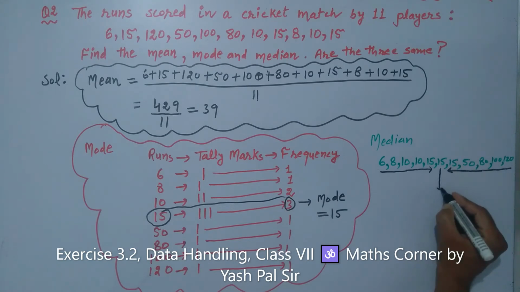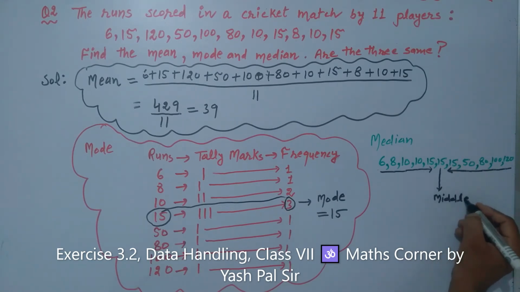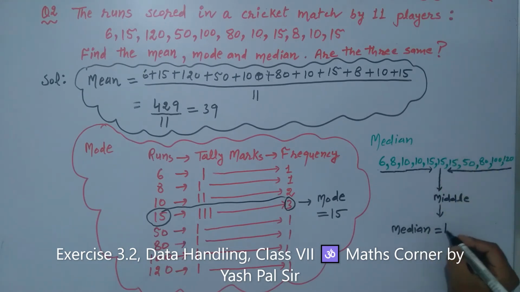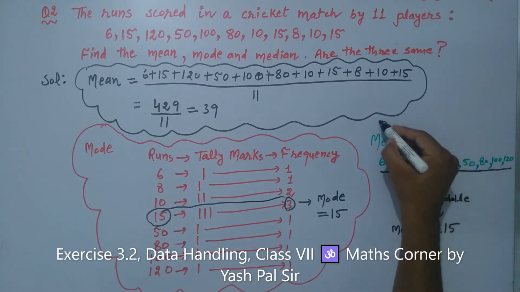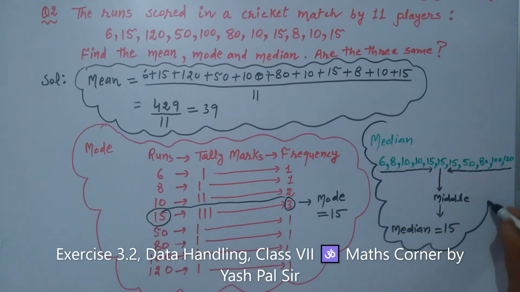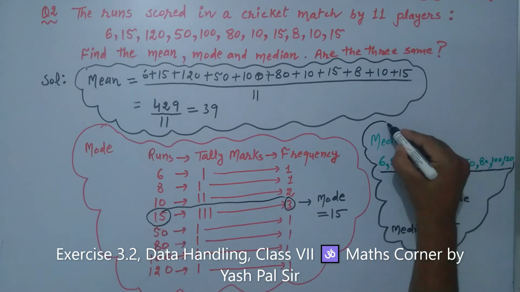This is in the middle. So the middle term is called median. Median is equal to 15. So 15 is the median.